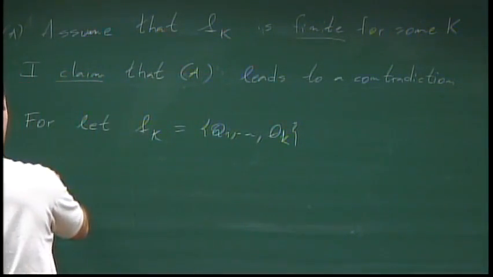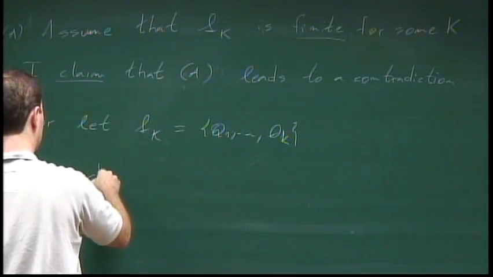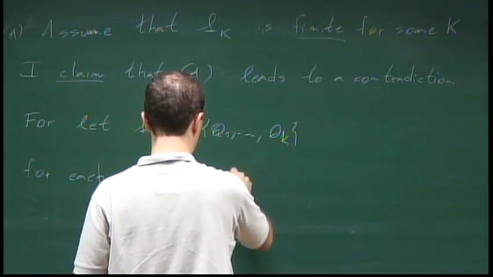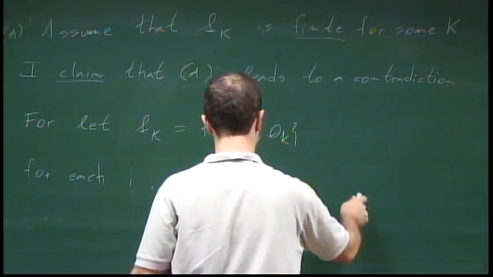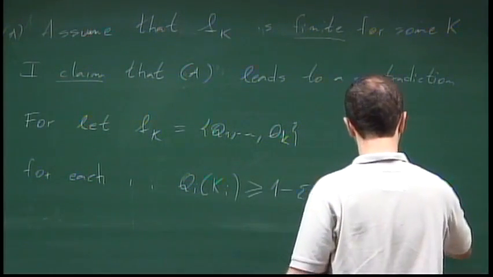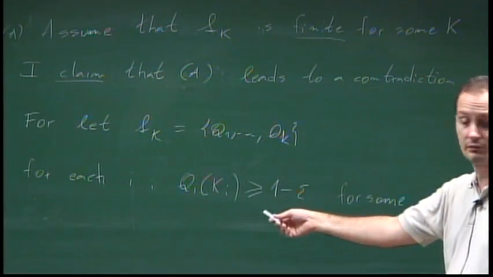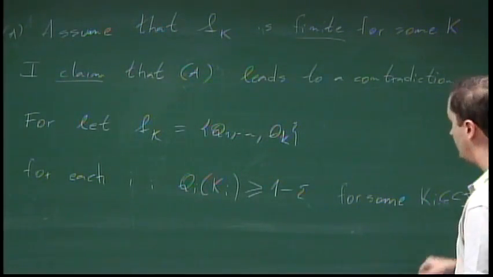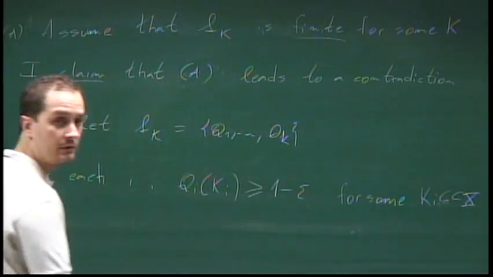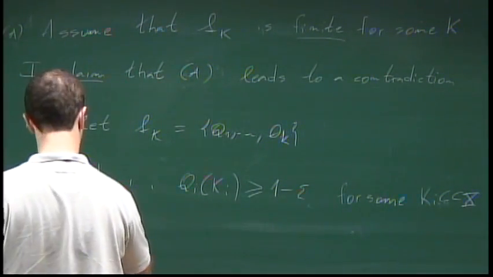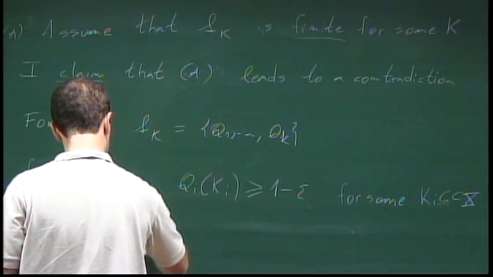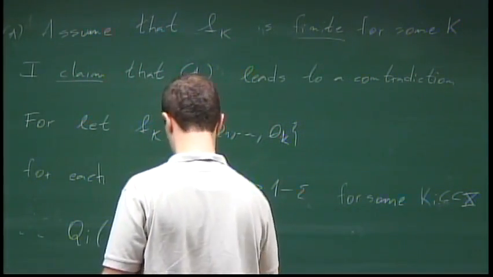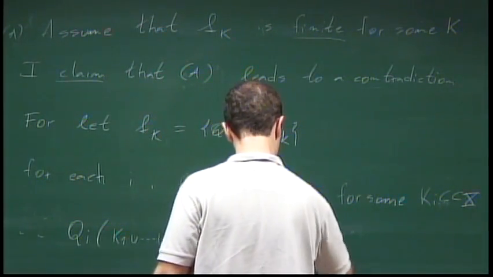So for each i, we have that Q_i of K_i is greater than or equal to 1 minus epsilon for some K_i. A set consisting of a single measure is tight, so we can always find such a compact set. Because the union of finitely many compact sets is also compact, we deduce that Q_i of K_1 up to K_n union this K is greater than 1 minus epsilon for all i.